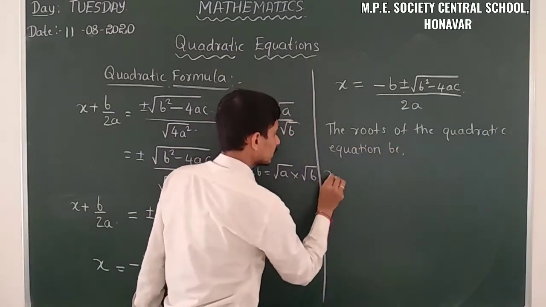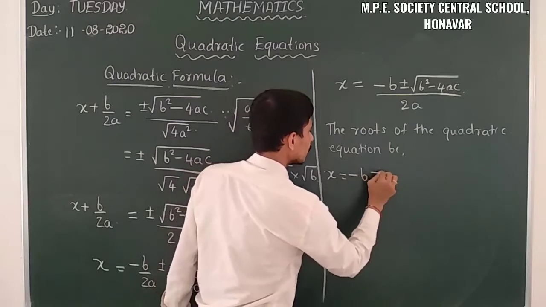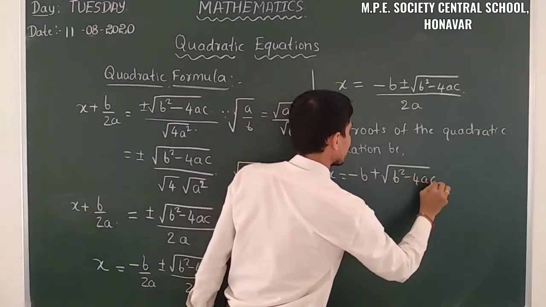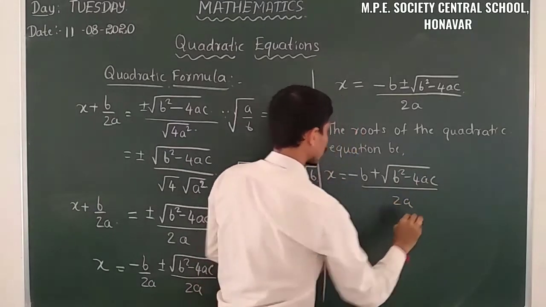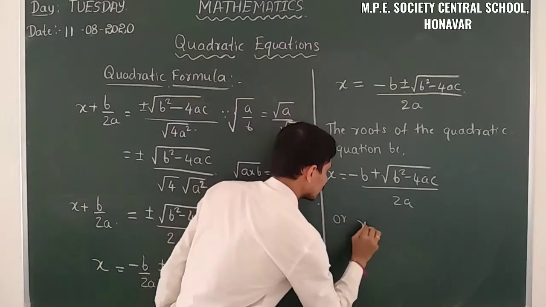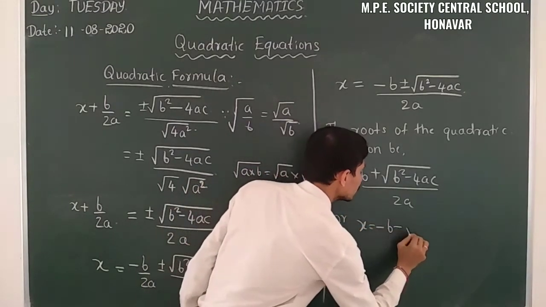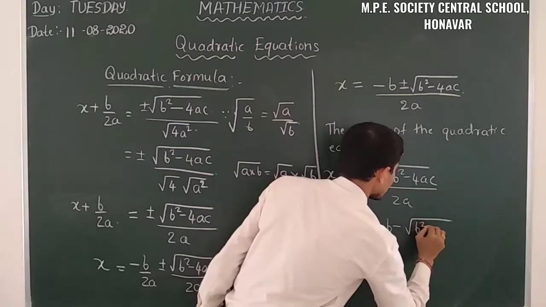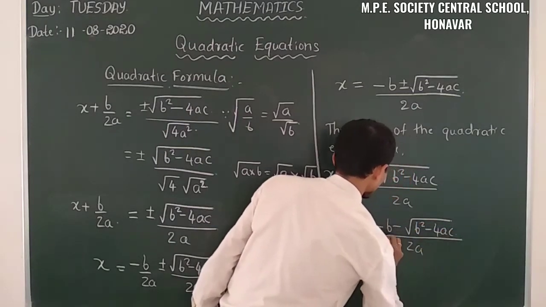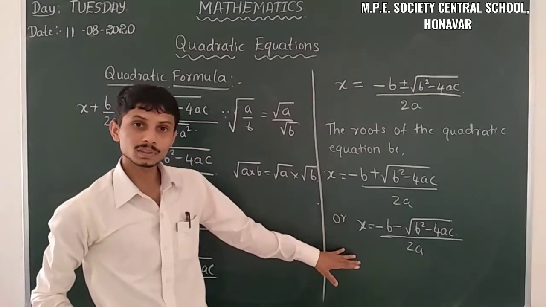One root is x is equal to minus b plus square root of b square minus 4ac by 2a, and the other root is x is equal to minus b minus square root of b square minus 4ac divided by 2a. So these are the roots of the quadratic equation.